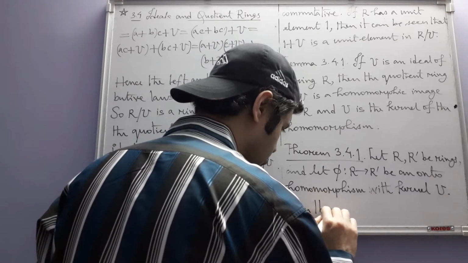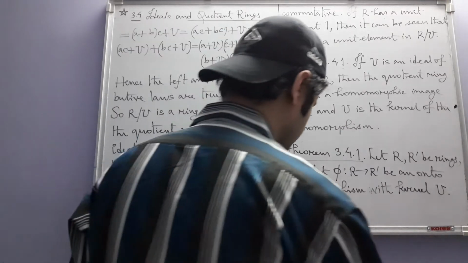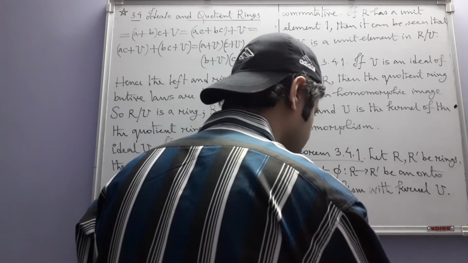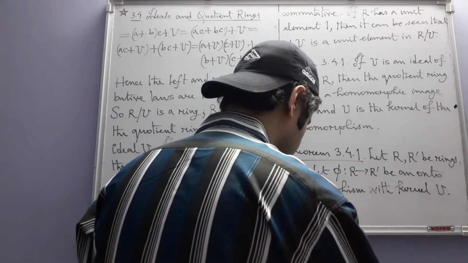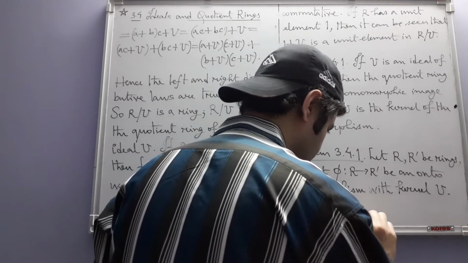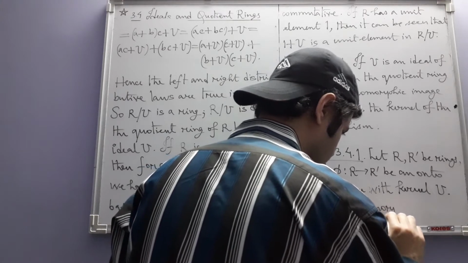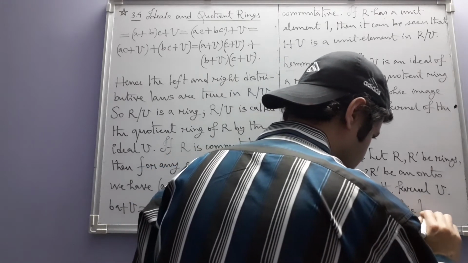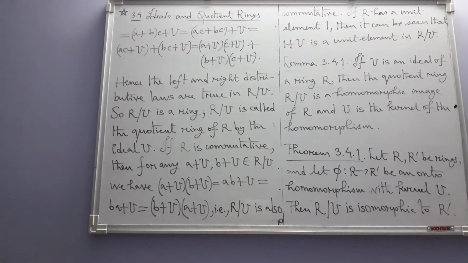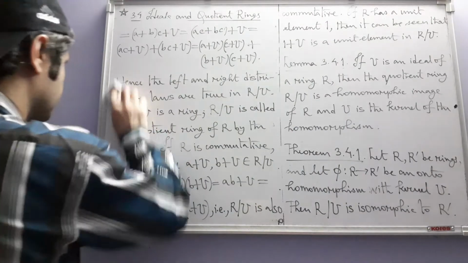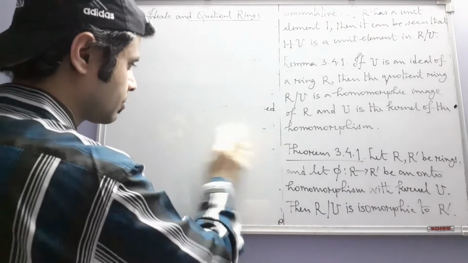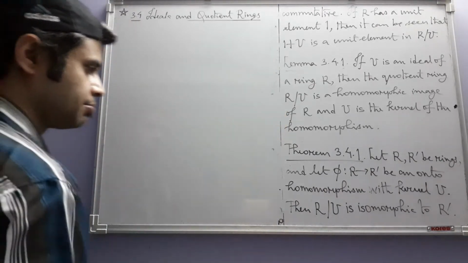Okay, then the first thing is this. Then R by U is isomorphic to R prime. So that is the first isomorphism theorem. And there is more.